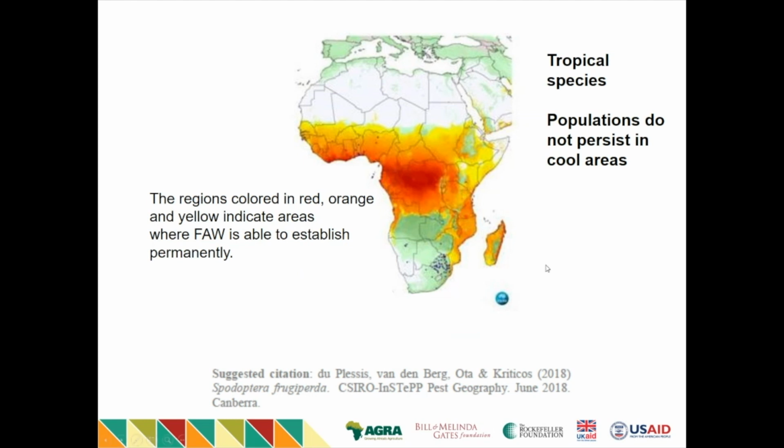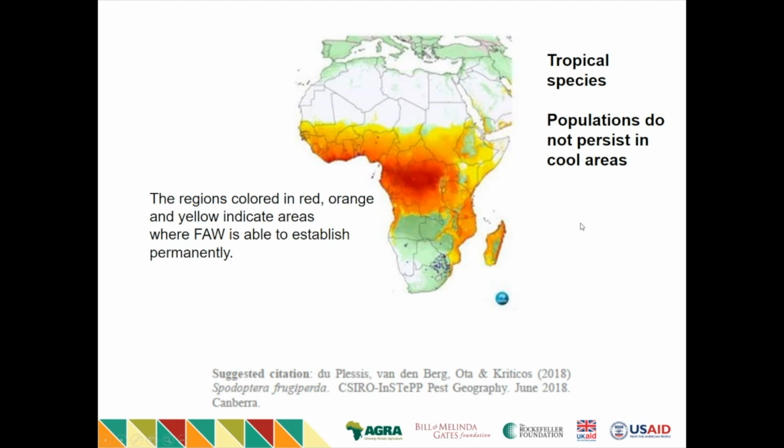So in this map, and depending on where you are when you look at this presentation, the regions colored in red, orange, and yellow are the regions which are suitable for fall armyworm to establish. So in these parts of Angola and Zambia and the highlands of Zimbabwe and Western Kenya, for example, you can with accuracy predict that there will be annual invasions, but that the pest will not always be there.